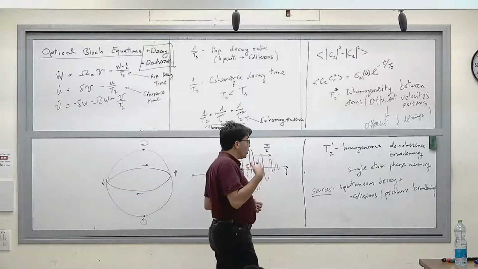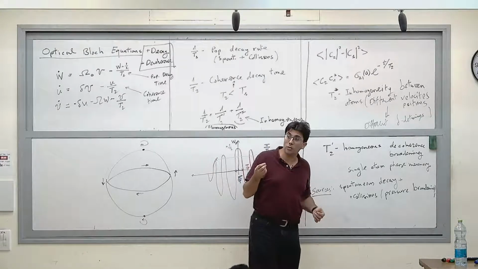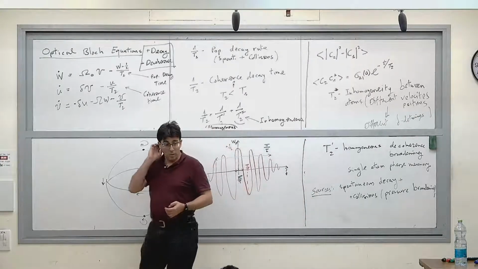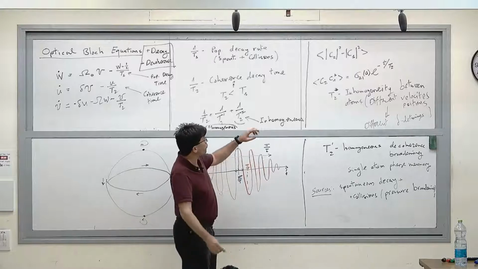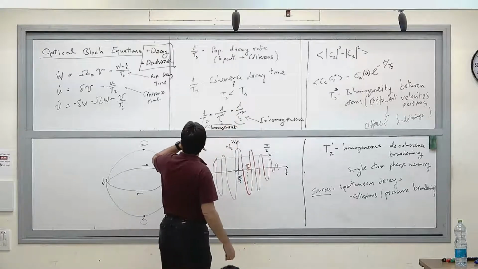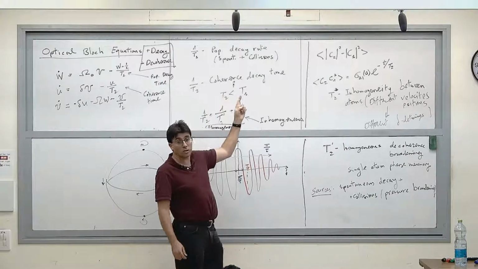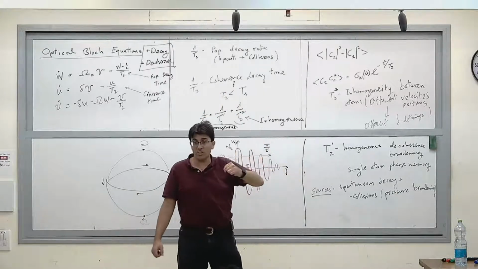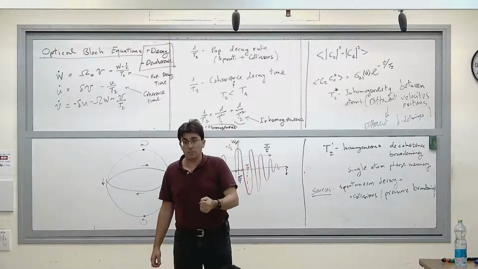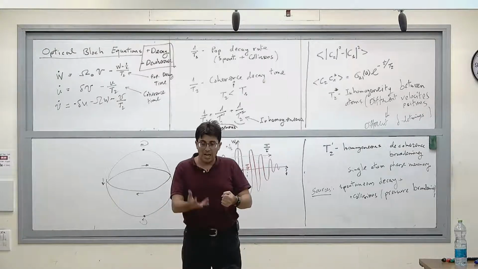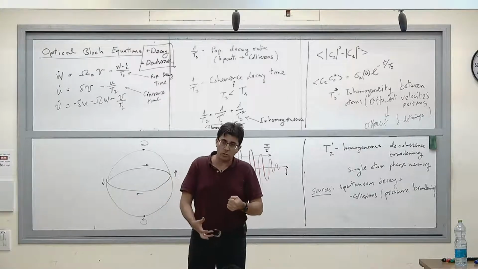Now, why is a collision important? The point here is elastic collisions. If we discussed collisions before, the collisions that affect the population decay are inelastic collisions, collisions that change the state of the atom, that either take out energy or put energy into the atoms.